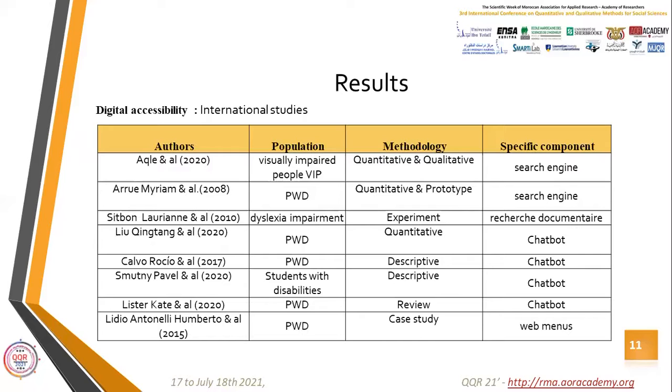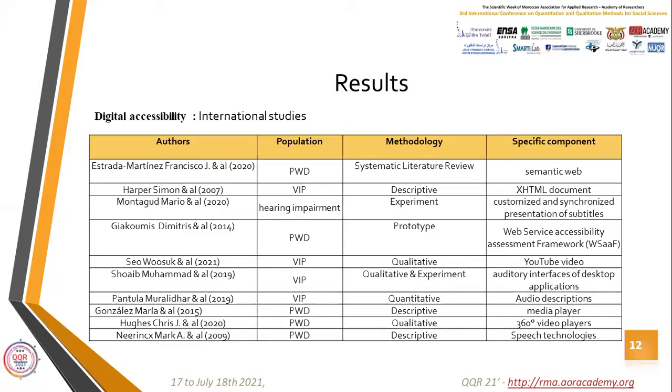Those specific components concern search engine, chatbot, web menus, semantic web service accessibility assessment framework, YouTube, video, auditory interfaces of desktop applications, audio descriptions, media player, video players, and speech technologies.